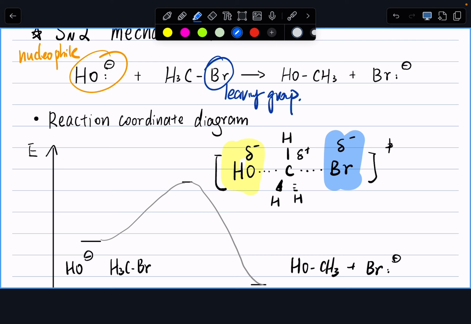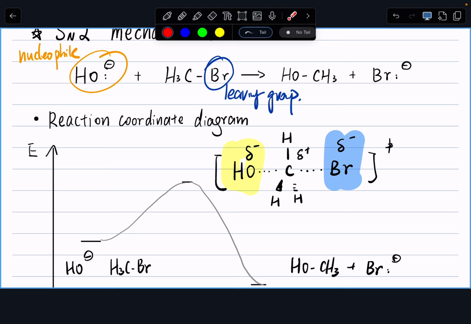By simply observing the transition state structure, we can derive that a nucleophilic substitution reaction following the SN2 mechanism must lead to inversion of stereo configuration. Now, in this case, we're not looking at a chiral molecule, so it doesn't matter. But if we are looking at a chiral molecule, by replacing the hydrogen with other substituents, you would expect an inversion of the stereochemistry.